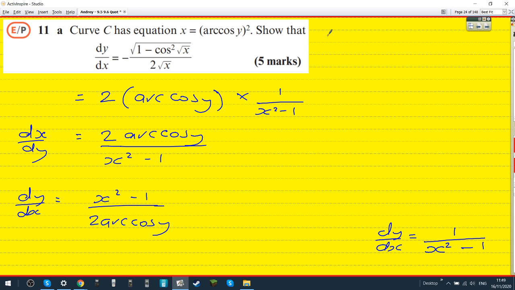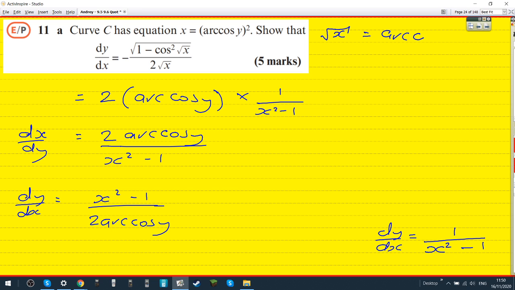Okay. So I'm guessing I need to simplify this further then. Go back up to the start and do the thing that you were saying, where you make y the subject. So square root of x is equal to arc cos of y.